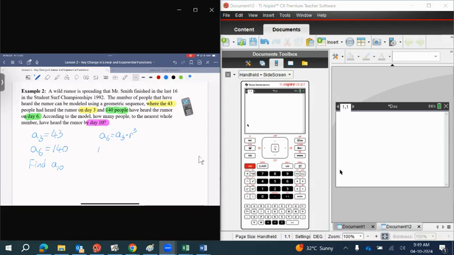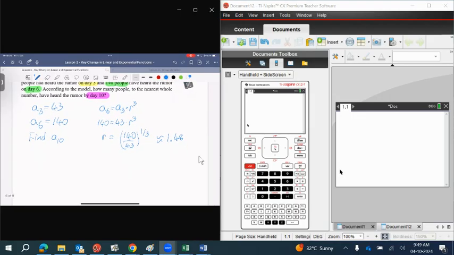Putting in our values, we get 140 is equal to 43 times r cubed, which means that r is going to equal 140 over 43, and then we need to cube root that. I'm going to leave it like this because the answer is going to come out approximate. We won't use the approximate answer, it's about 1.48. Let's use the exact answer.